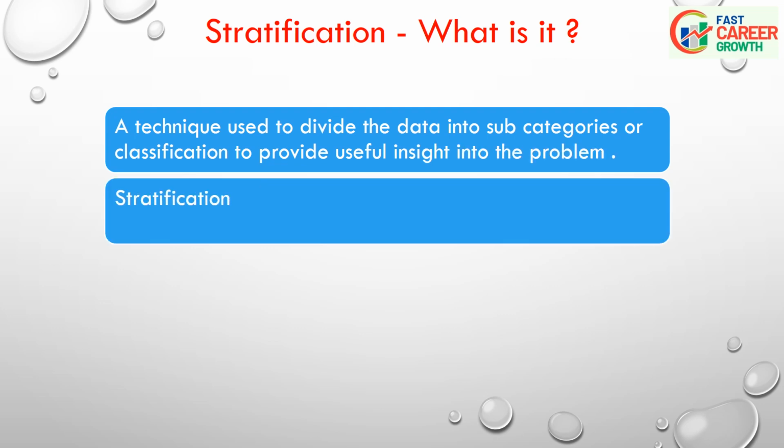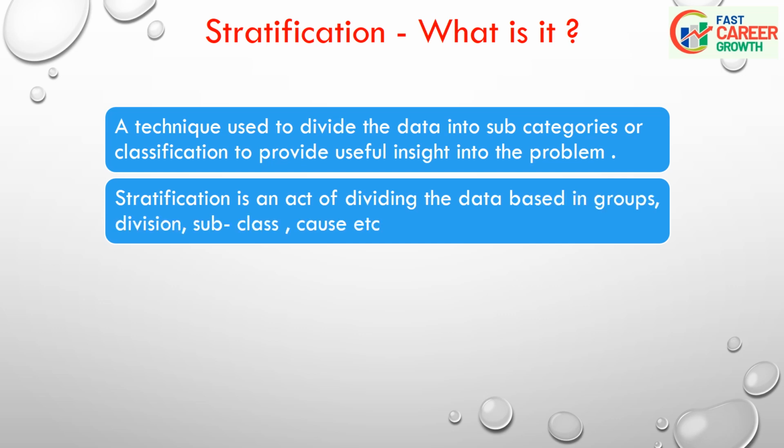Or, stratification is an act of dividing the data based on groups, division, subclass, cause, etc. Stratification is a data analysis technique that involves dividing a dataset into subcategories or classifications based on specific criteria. It is a valuable method for organizing and understanding data, as it allows you to gain insights by examining the data within these subgroups.